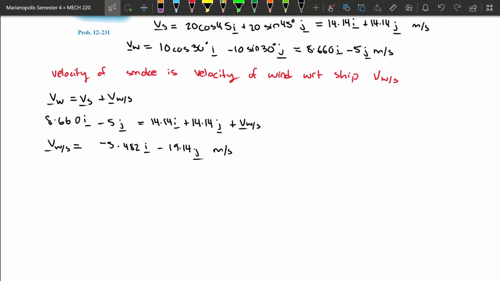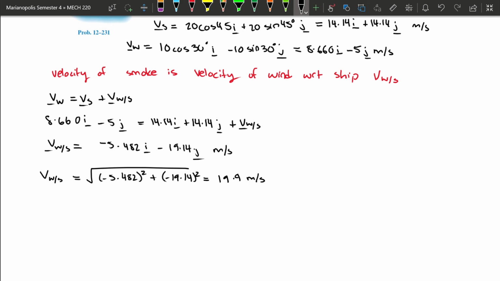And now we just want the magnitude and the angle. The magnitude is the square root of negative 5.482 squared plus negative 19.14 squared, and getting the magnitude, we have 19.9 meters per second.